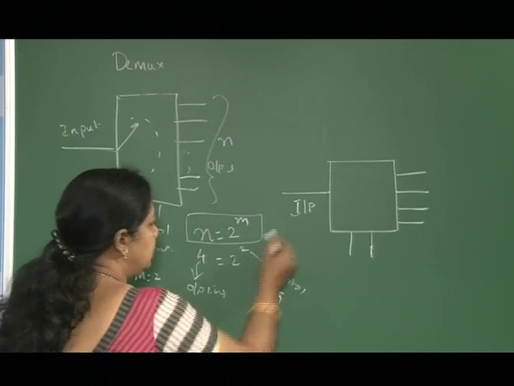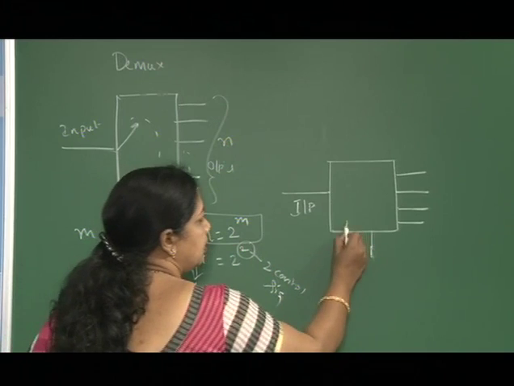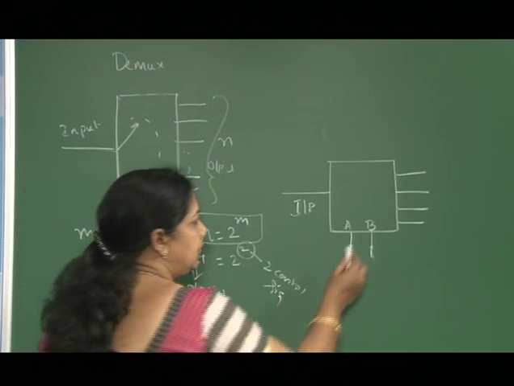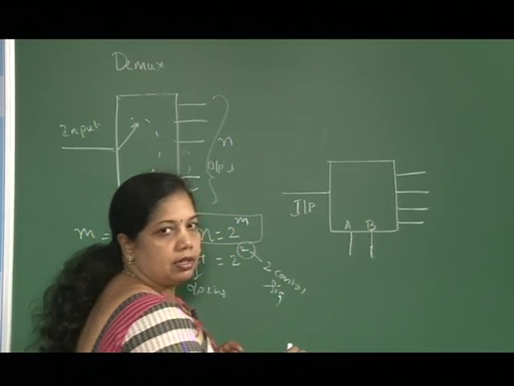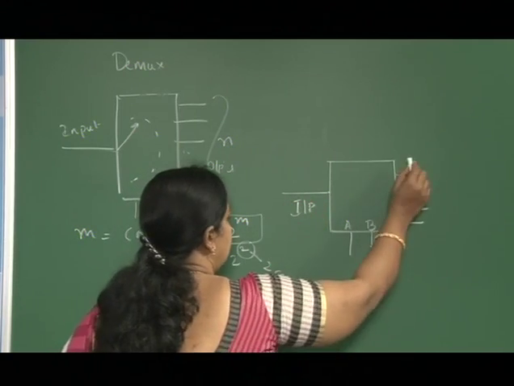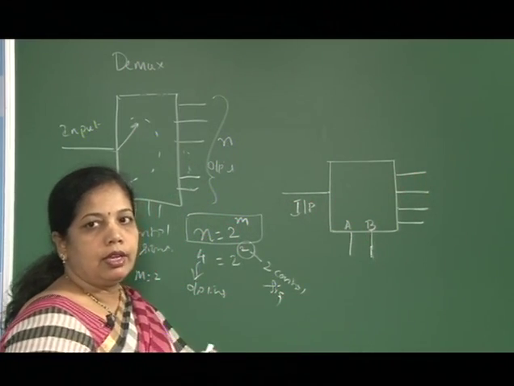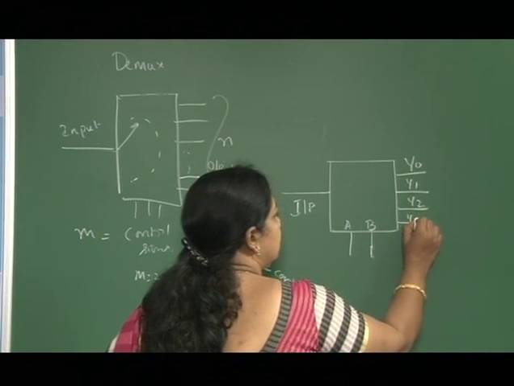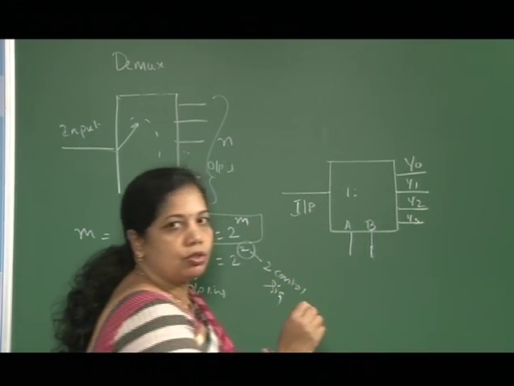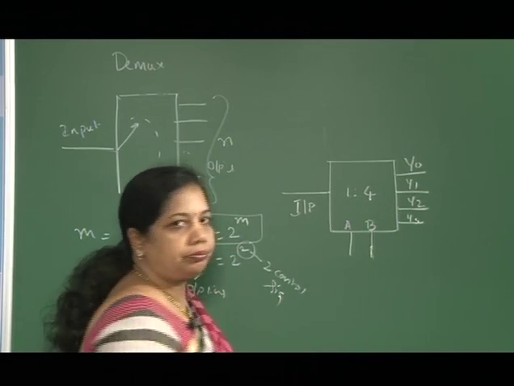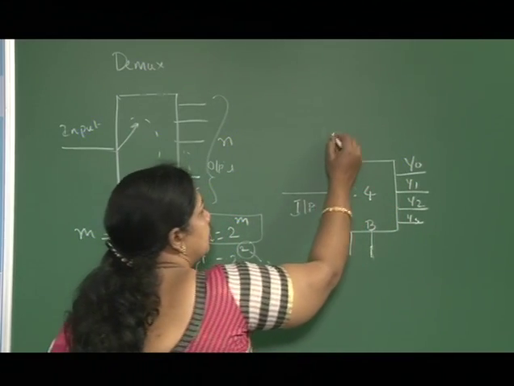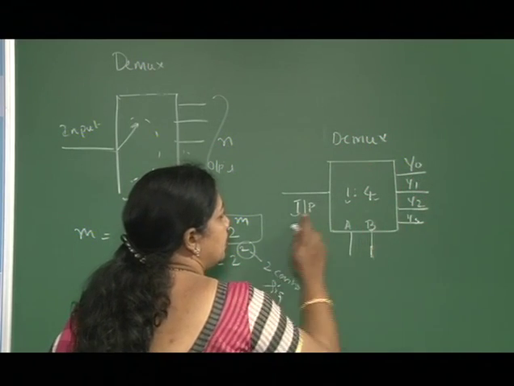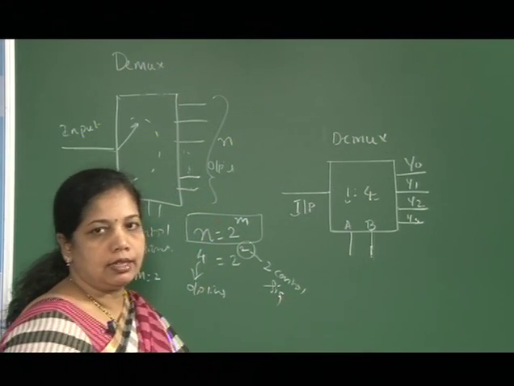Since we have 2 control lines, I will call them A and B, where B represents the LSB and A the MSB. This is my input, these are my outputs Y0, Y1, Y2, Y3. This is called a 1:4 demultiplexer, with 1 input, 4 outputs and 2 control lines.